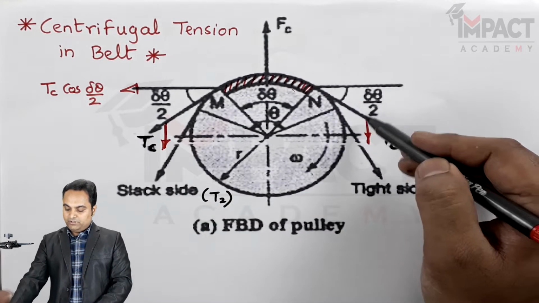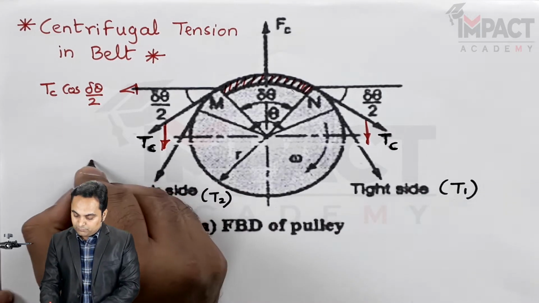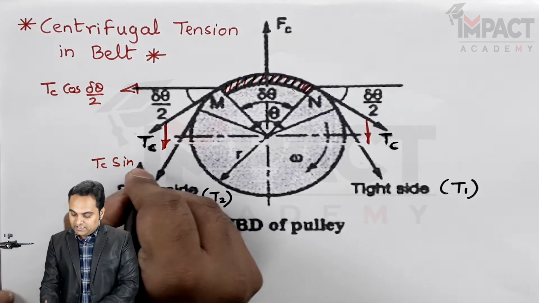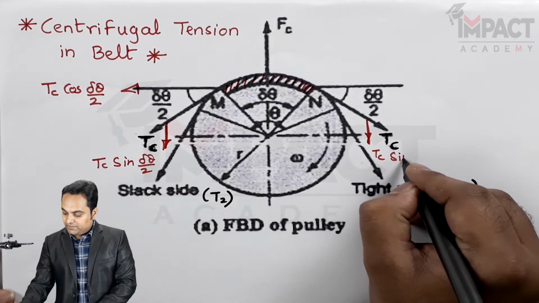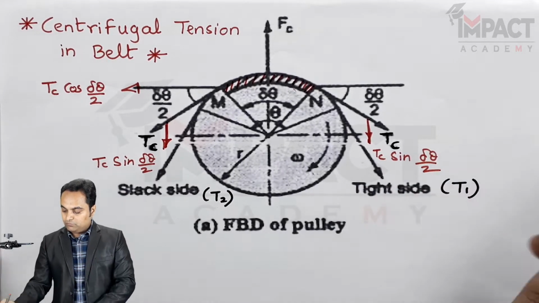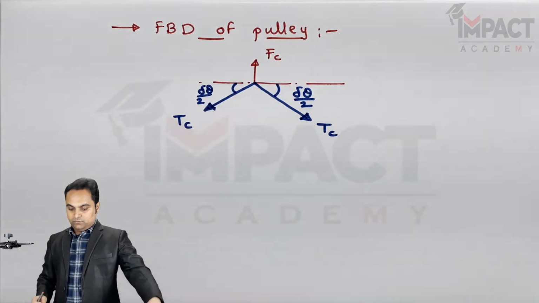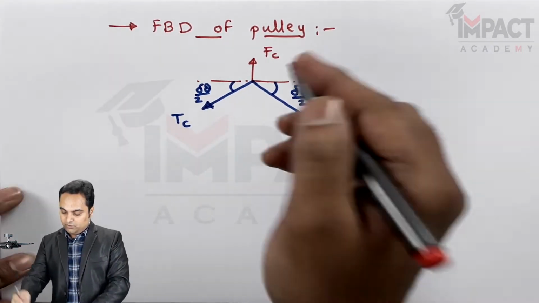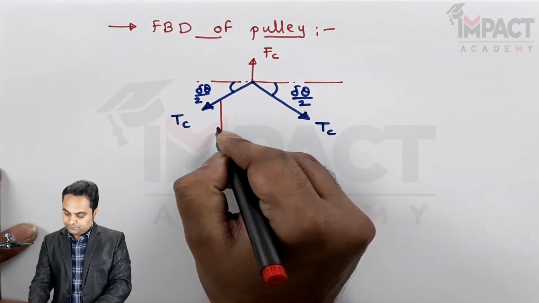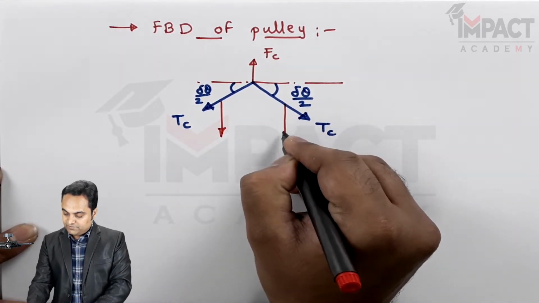So considering only the vertical components, those vertical components would be Tc sine delta theta by 2 on both sides. So here I am just taking the vertical components because they are resisting Fc.